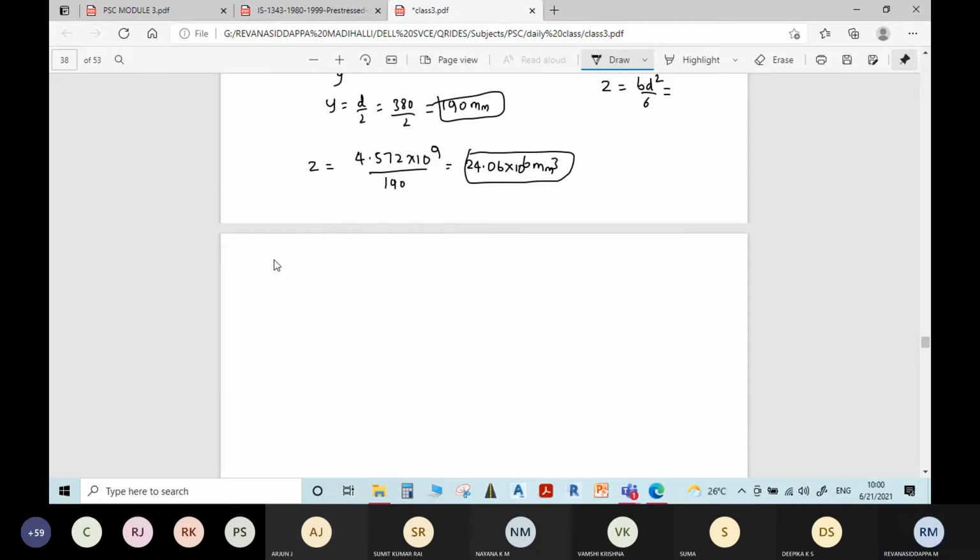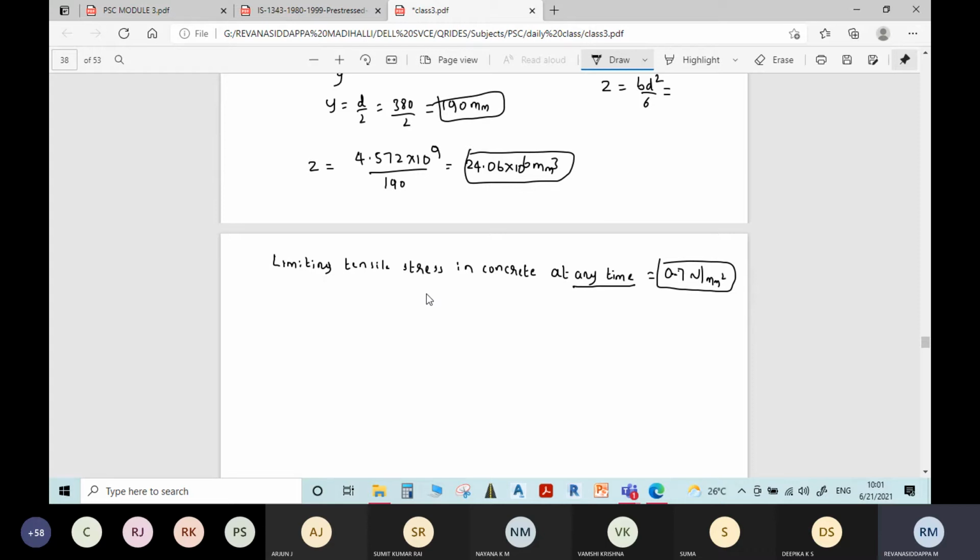Limiting tensile stress in concrete at any time, you highlight this, at any time, is equal to 0.7 Newton per mm square. This is the condition he has given.